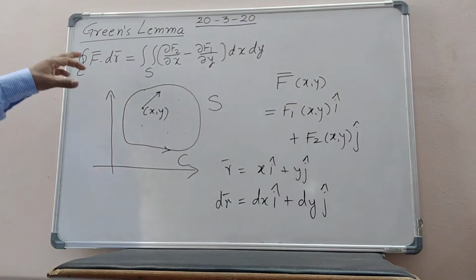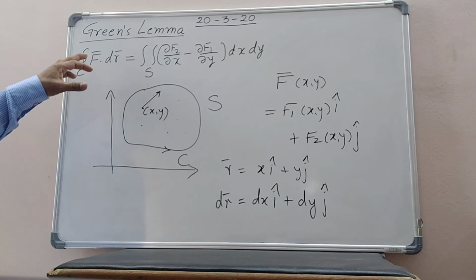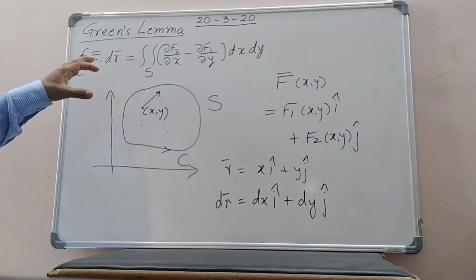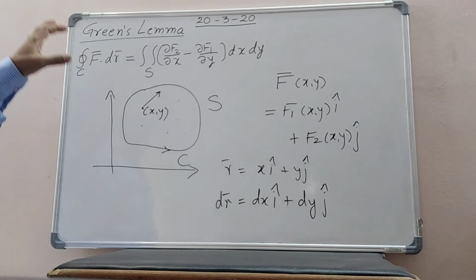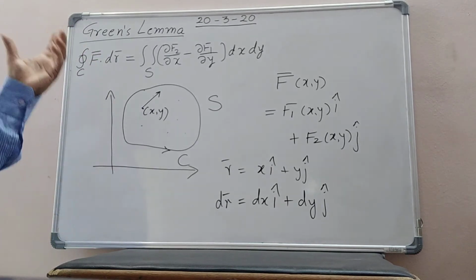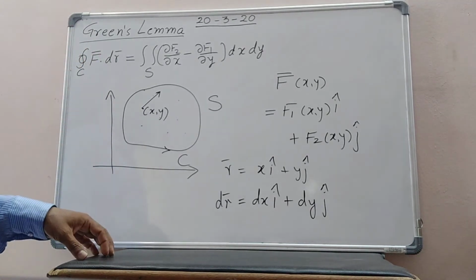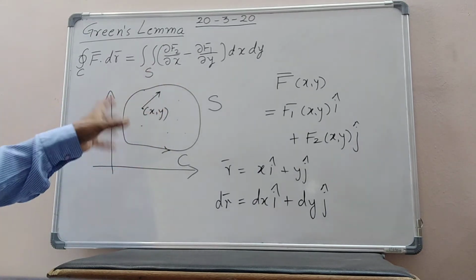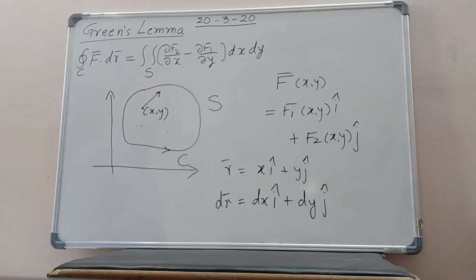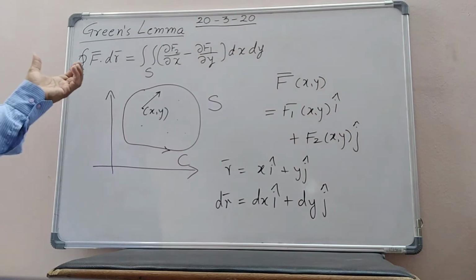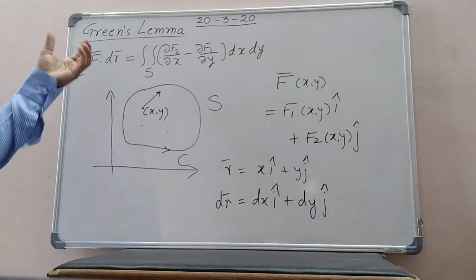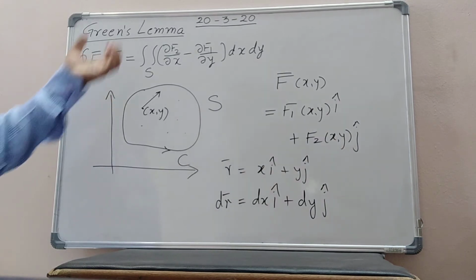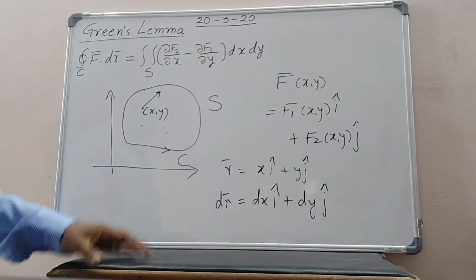So if f bar is the force, then the left hand side indicates the work done when the vector field acts on some object along this curve. And what Green's lemma is saying is that the quantity that you evaluate on the left hand side can be obtained as a surface integral.